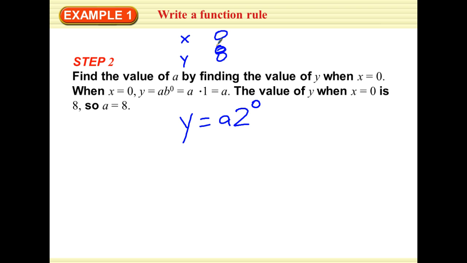When I plug in 0 for x, I know that I'm going to end up with y is equal to 8. Well, if 2 to the 0 power times something is equal to 8, the nice thing is this becomes 1. So I know that a is equal to 8. So it's sort of like my multiplier.